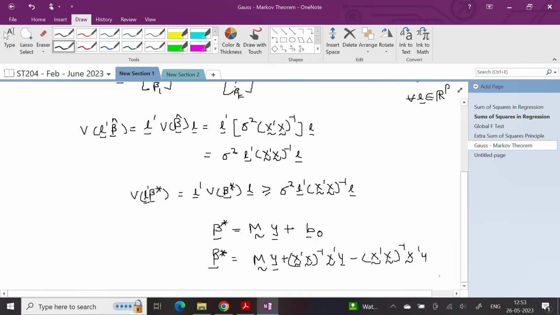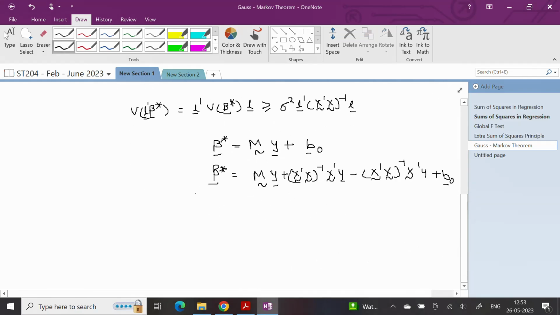Okay, and then plus beta naught is as it is because it is some constant. So this I would write as m plus beta hat, minus, I will keep as it is, x prime x whole inverse x prime y, plus beta naught.